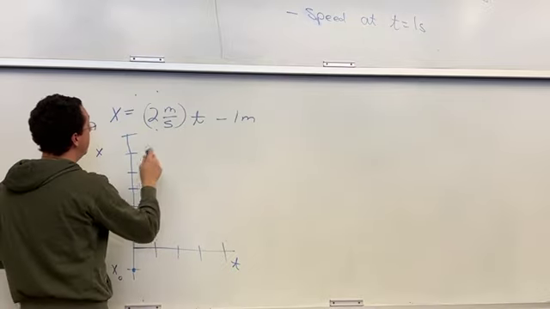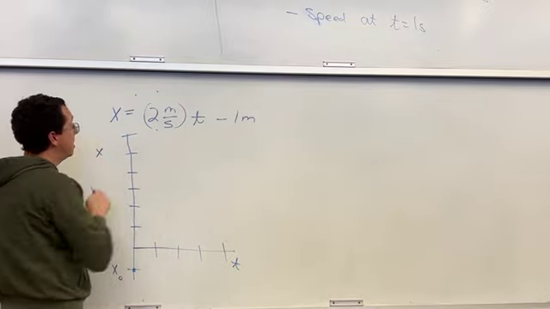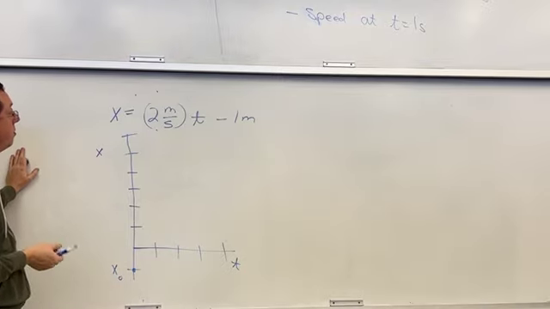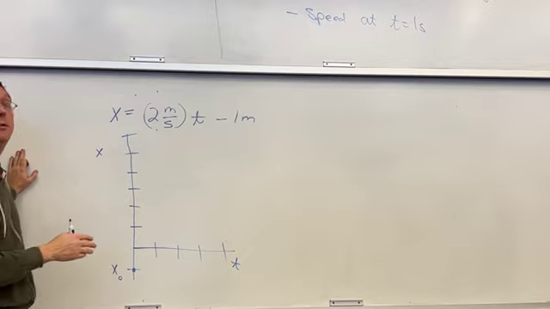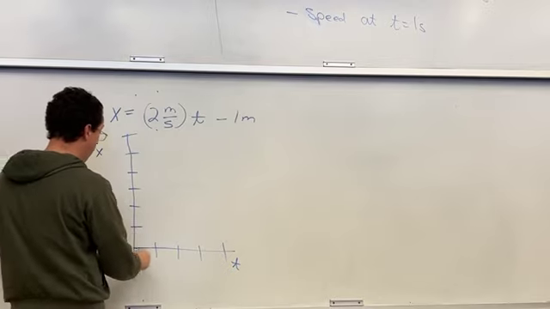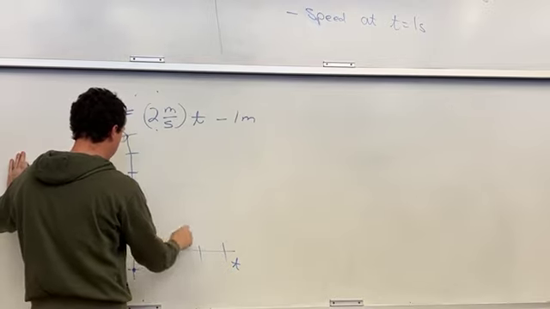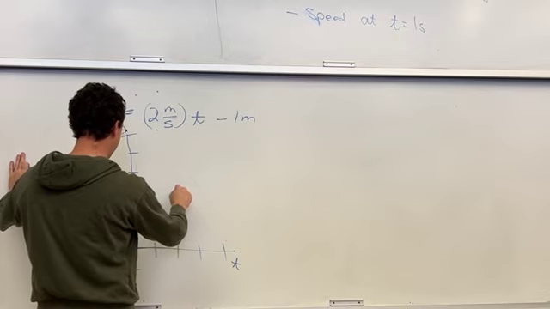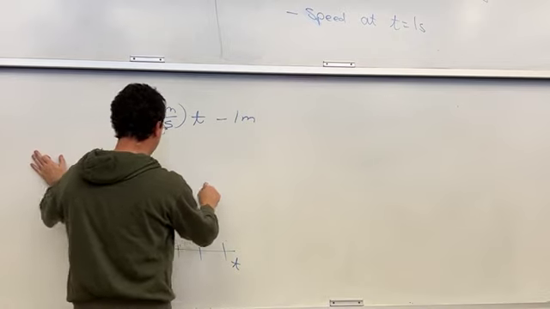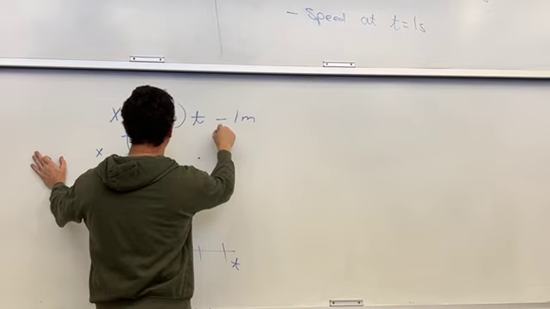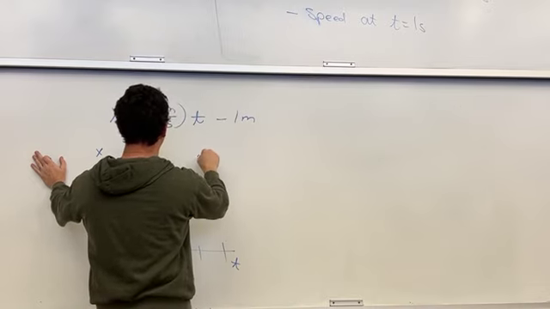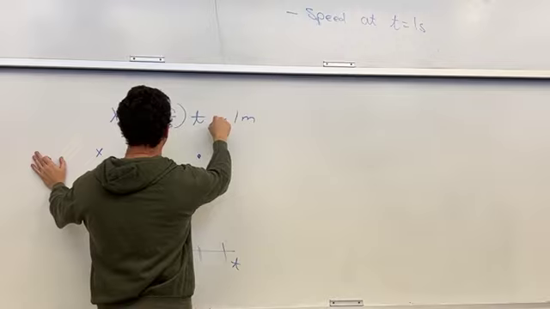And then I need a line whose slope, set the units aside for a moment, should be 2. Okay, so that means I go over 1, up 2. Over 1, up 2. Over 1, up 2.